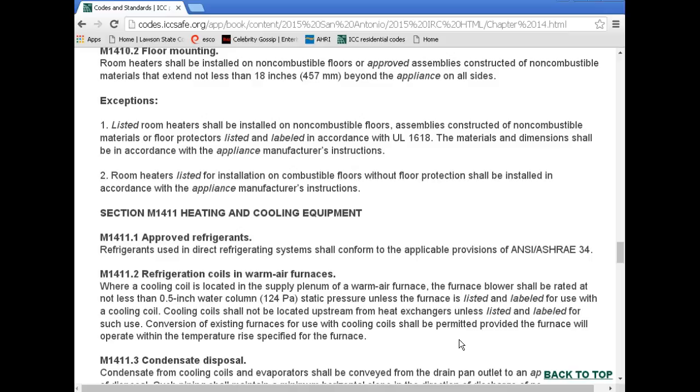For me, left to right is this way. Left to right for y'all is the other way, right? Depending on the flow, upstream would be from where it's coming from. Downstream would be where it's going. And so they're saying on a furnace, we cannot put the coil upstream of it. In other words, the coil comes before the furnace.